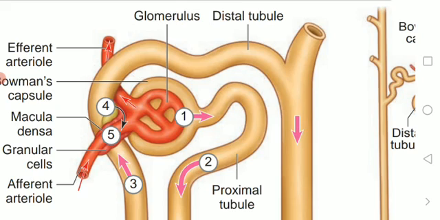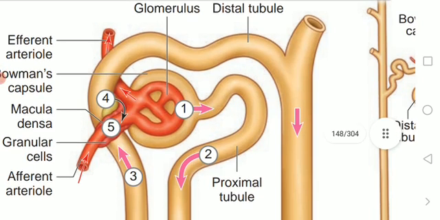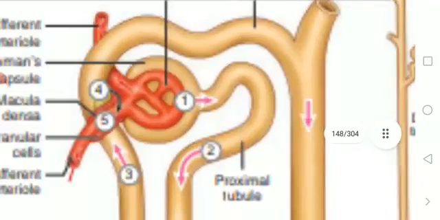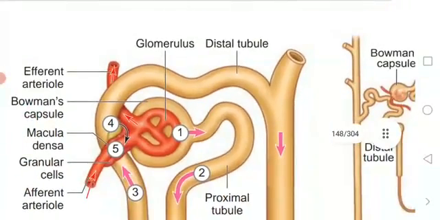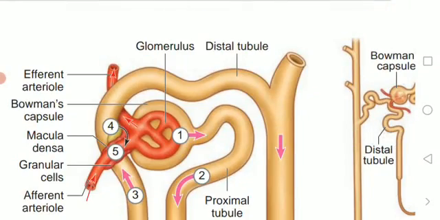Urine is formed in three main processes. Urine formation involves three main processes, namely glomerular filtration, second, tubular reabsorption, and third, tubular secretion.